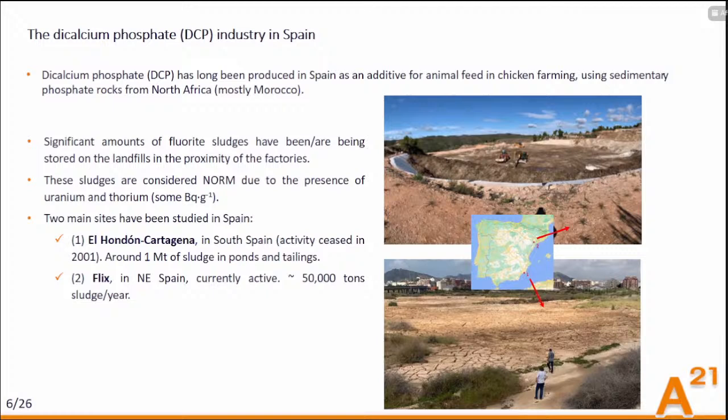They stopped producing the calcium phosphate around 2001, and we have around 1 million tons of sludges in ponds and piles. And we also have Flix in Catalonia, which is still active and is producing around 50,000 tons of sludge per year. Here you can see the maps. The one above is the Flix site, which is active, and the one below is El Hondón.